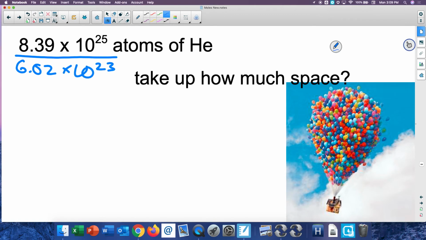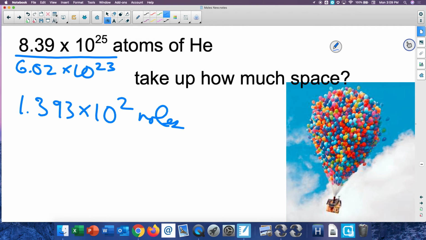Okay. Ava, what do we get when we do that division problem? I'm having a little trouble hearing you. 1.393 or something? Yeah. Okay. And then times 10 to the second. Okay. And that is my moles. And what am I going to do with that, Amelia?